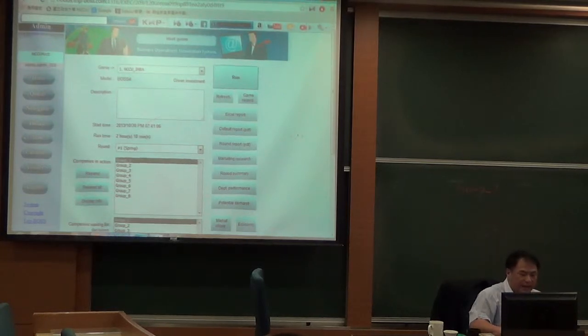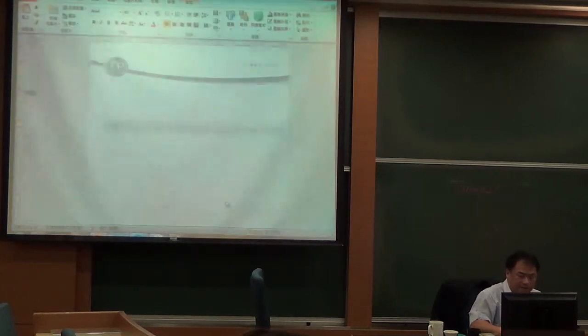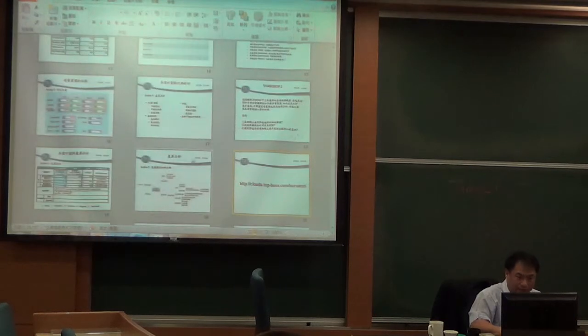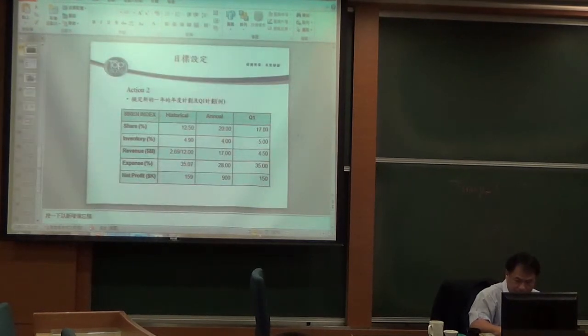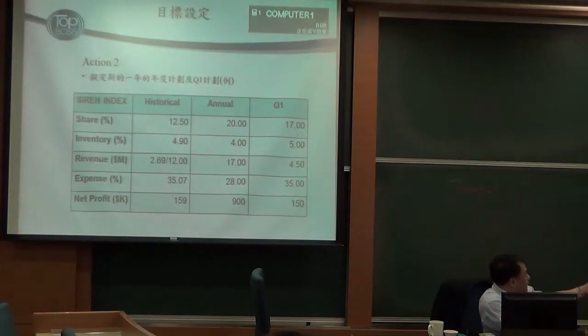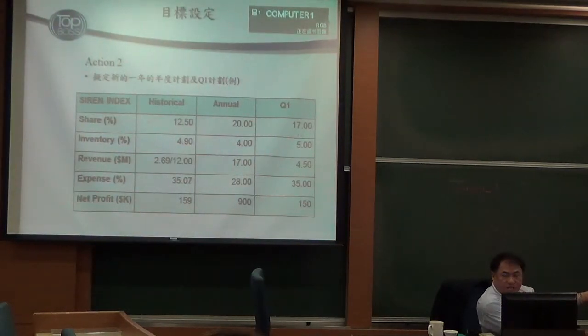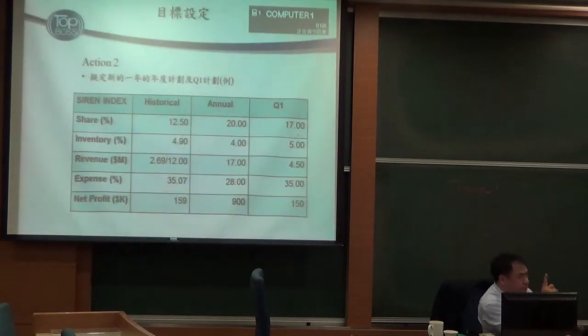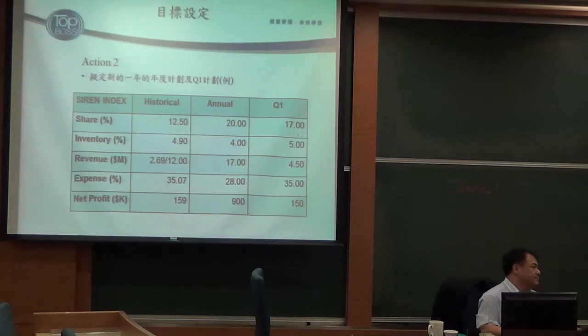That is why I just showed the slide. There's an indicator called inventory level. The moment I gave the company to you, the inventory is 4.9%. And what is your target idea? This is your judgment.